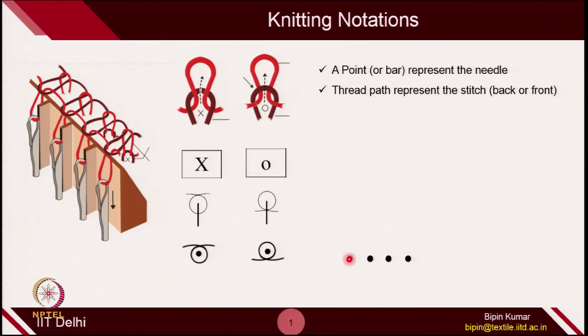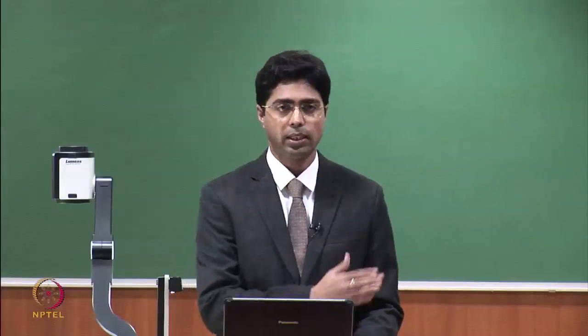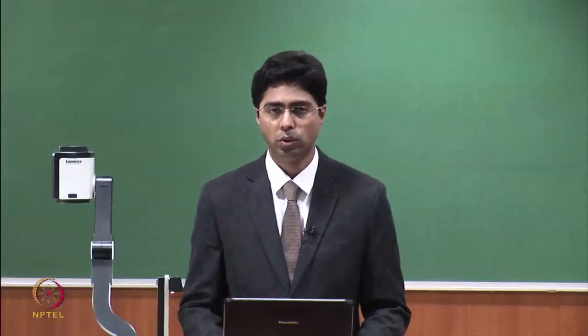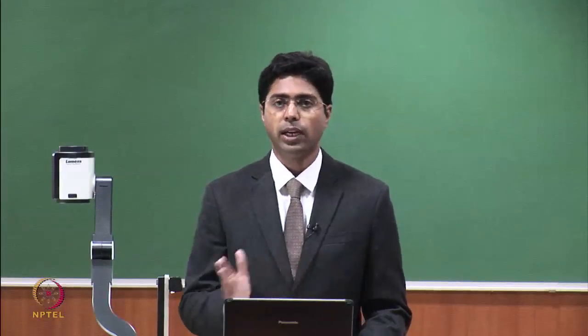Depending on how many times you are traversing the cam jacket, you are creating one particular course. So, how many times you are running the cam jacket from left to right and right to left in front of the machine, you can represent the number of courses in a fabric structure.